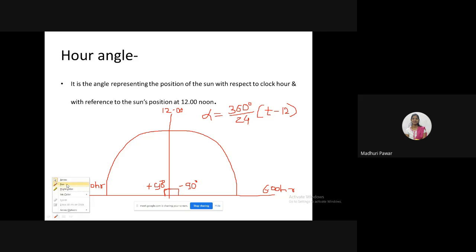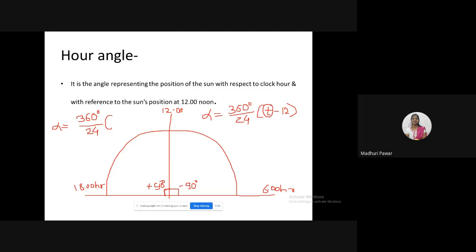So how do we measure this angle alpha? Alpha equals 360 degrees, which is the overall angle, divided by 24, which is the hours of the day, multiplied by T minus 12.